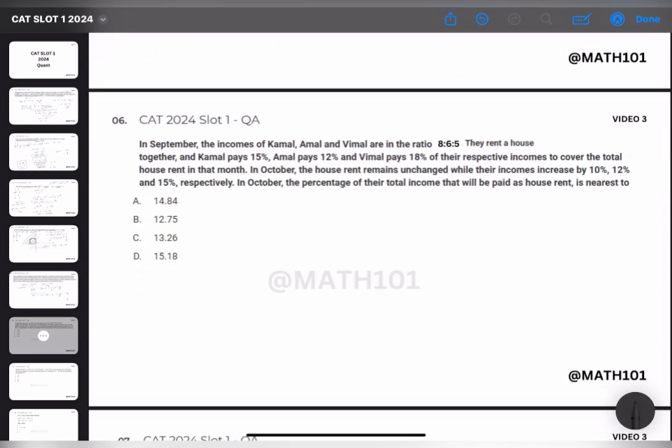Moving on. In September, incomes of Kamal, Amal and Vimal are in the ratio of 8:6:5. So let their incomes be 8x, 6x and 5x respectively.